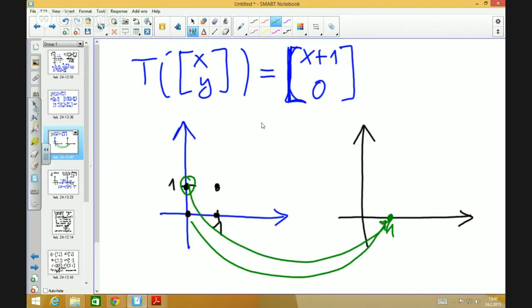This goes there. And how about the point 1, 1? Where does it go? Okay, it goes here. And how about the point 1, 0? 2, 0.